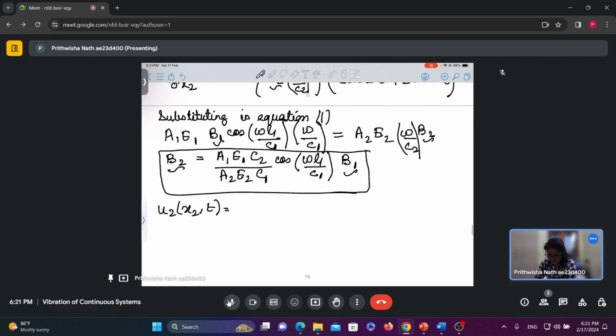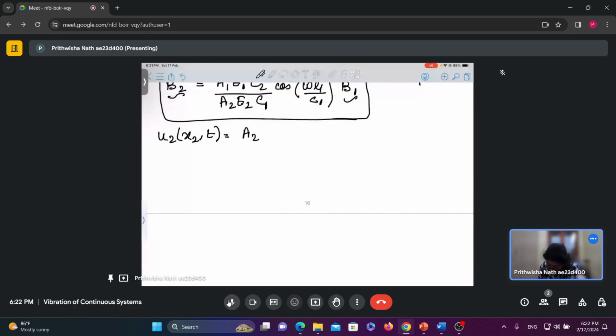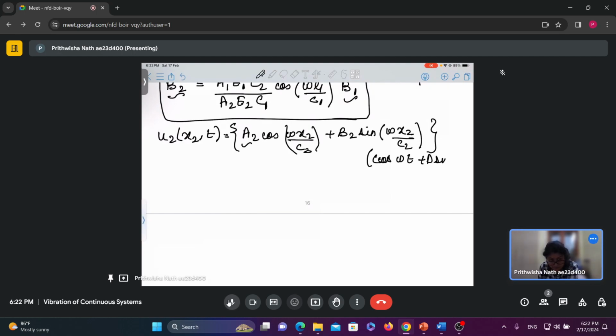U2 was A2 cos(omega x2 by C2) plus B2 sin(omega x2 by C2), multiplied by (C cos omega t plus D sin omega t).